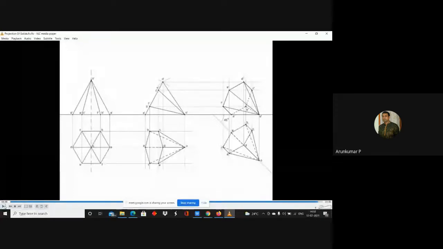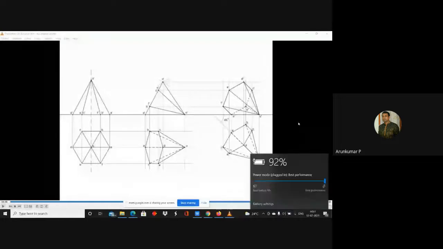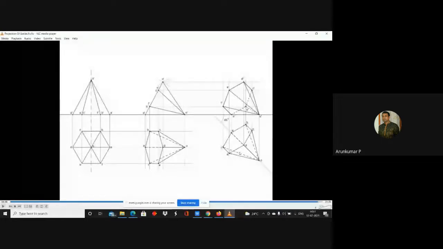Okay, because as you can see, both are very much the same. Basics remain the same. So that is point number 1.